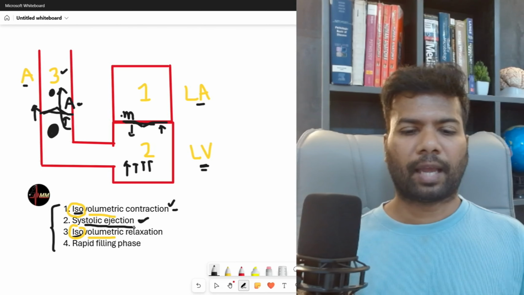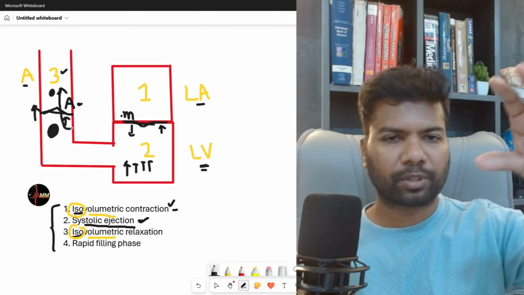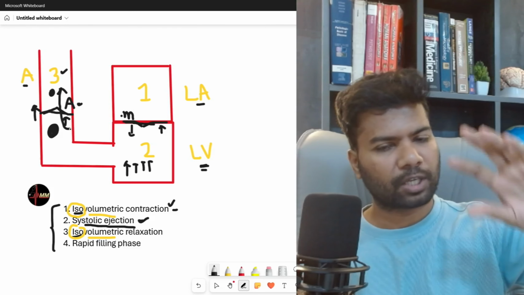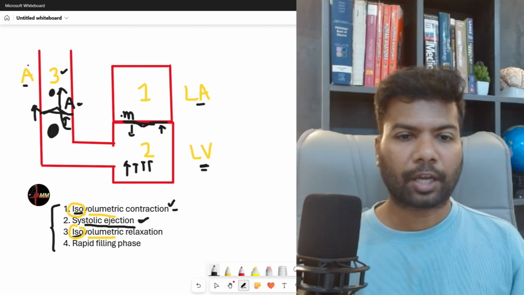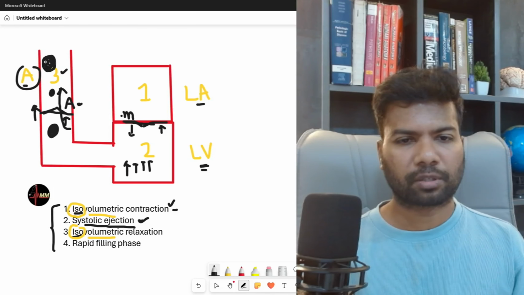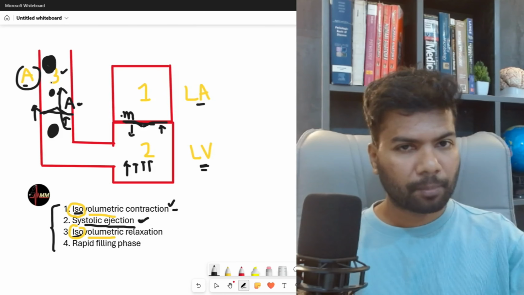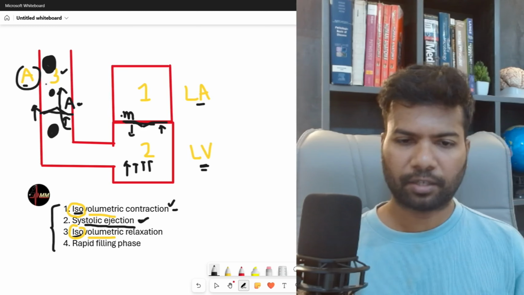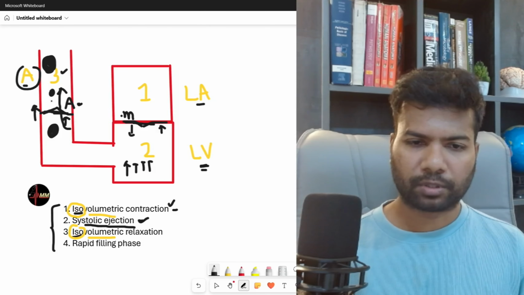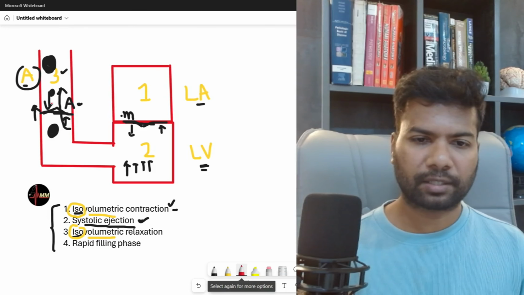Clear? And now the blood is moving from two into three, into the aorta, and the aortic pressure is slowly increasing. At one point, three overcomes the second chamber pressure, fine, so the aortic valve gets closed. Put the pressure arrows in this direction.